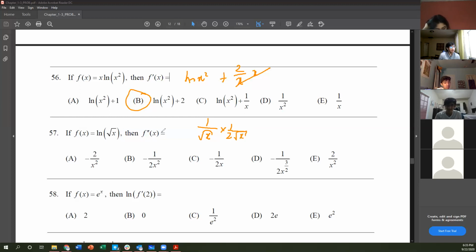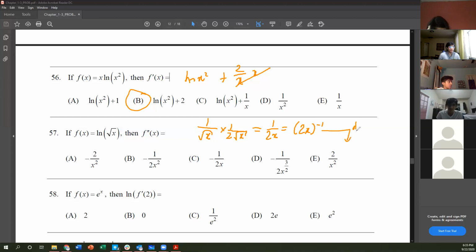Okay, good. But now they want us to find f double prime of x, not just f prime of x. So if I simplify this out, what is this? This is just 1 over 2x, right? Because the square root of x times the square root of x is just x. So if I take 1 over 2x and take its derivative again, rather than looking at it as 1 over something, I'm going to look at it as 2x to the negative 1 power. Now, what would be the derivative of this?